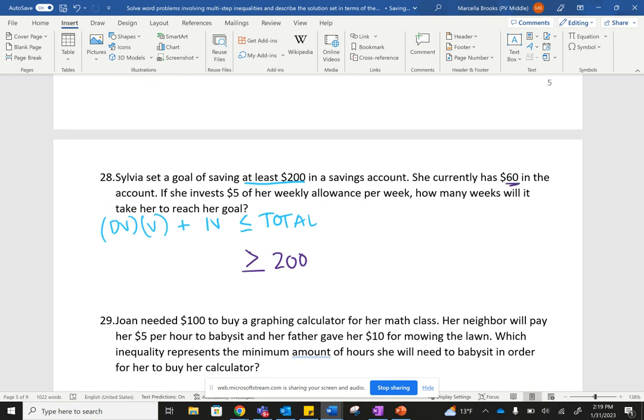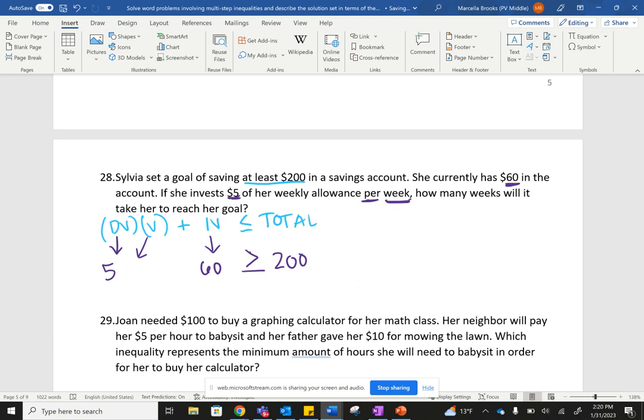She currently has $60 in her account. So 60 is going to be our independent variable. It's not going to change. If she invests $5 of her weekly allowance per week, so we got $5 per week. So remember, per tells us that's the DV. 5. How many weeks will it take her to reach her goal?